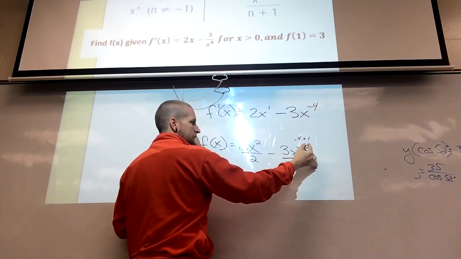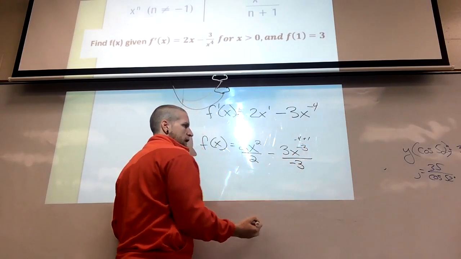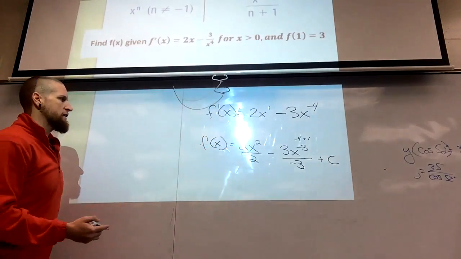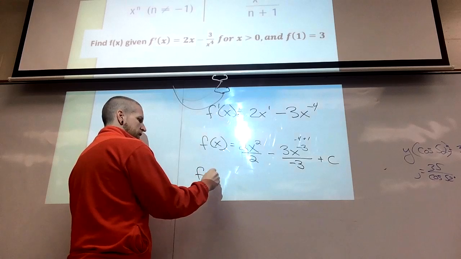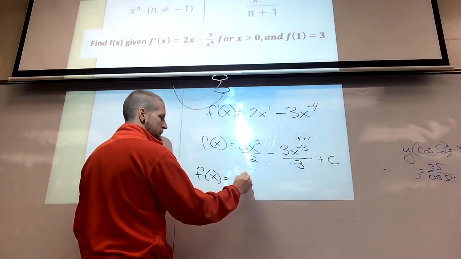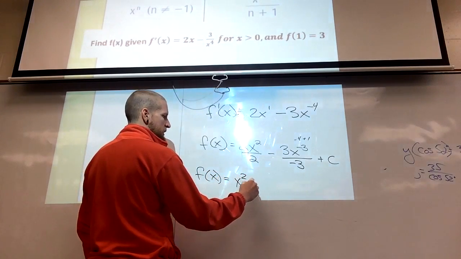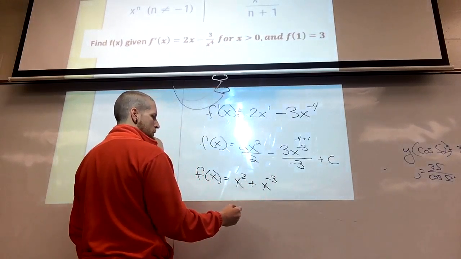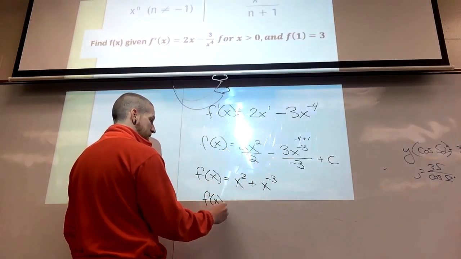Okay. And then this power now goes in the denominator. And then it'll be plus c. So if I simplify that, or divide out things I need, that'll become x squared there. And this will be a +1, x to the -3. Or if you want to write it as a fraction, that's fine.